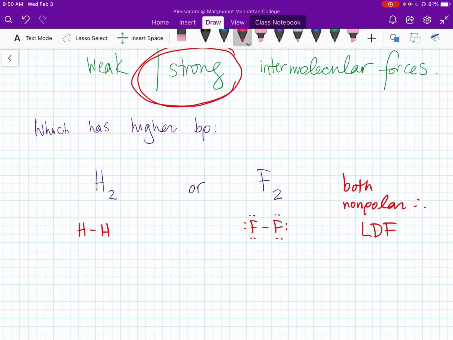So to break the tie, we have to look at which one is bigger. Well, fluorine is bigger. It has more electrons. The fluorine atoms are bigger than the hydrogen atoms. So this is an instance where the polarizability of F2 is greater than that of H2. Okay, we simply have more electrons and more opportunity for instantaneous dipoles.